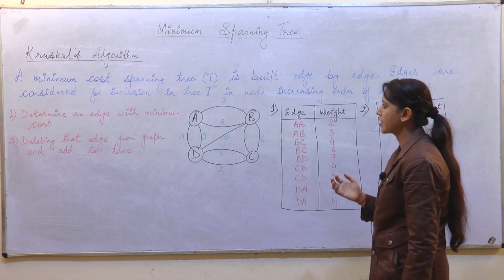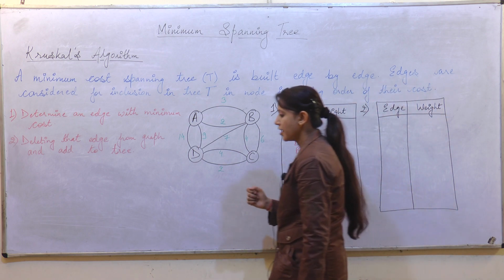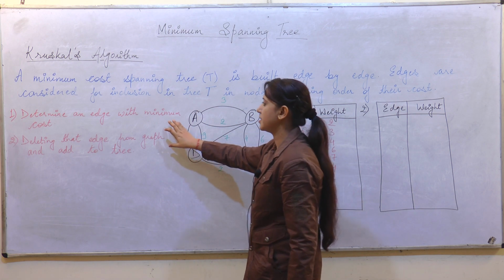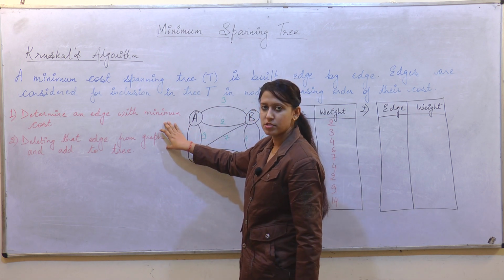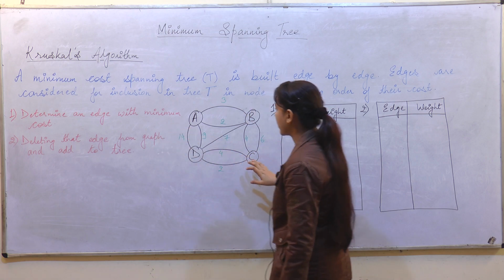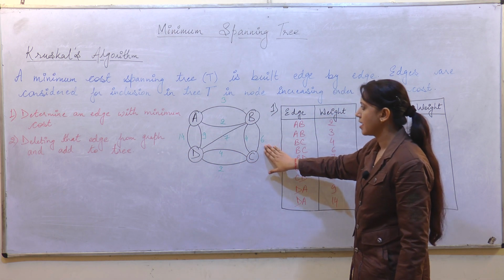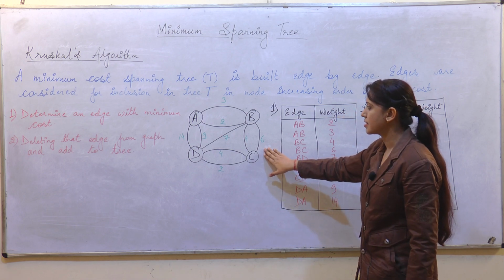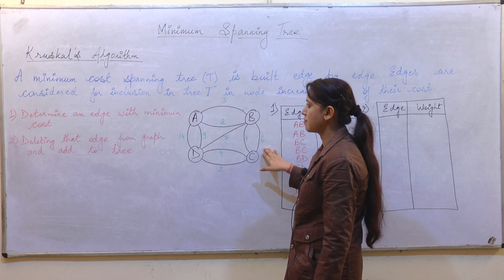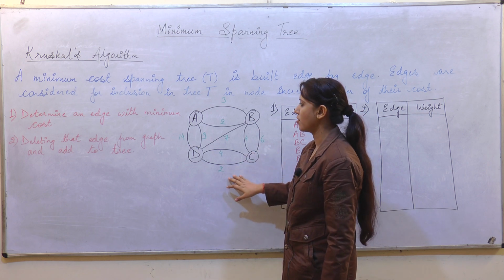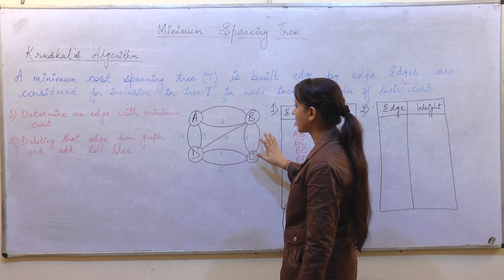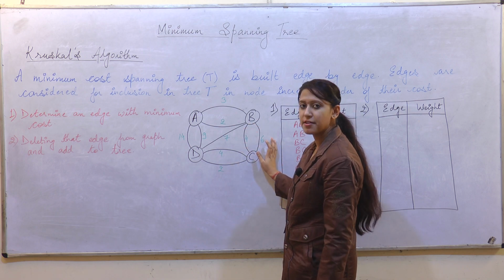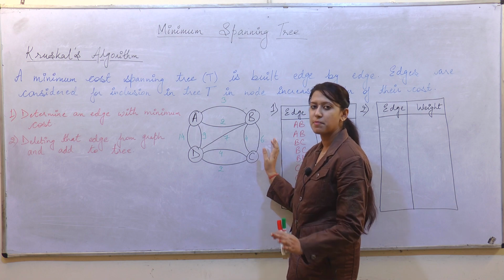For solving Kruskal's algorithm we mainly use two steps. The first step is to determine an edge with minimum cost. We will take a spanning tree, and from this spanning tree we have to create a minimum spanning tree.